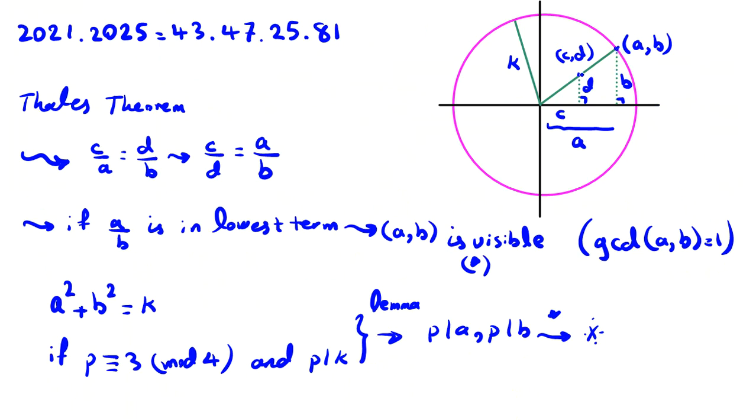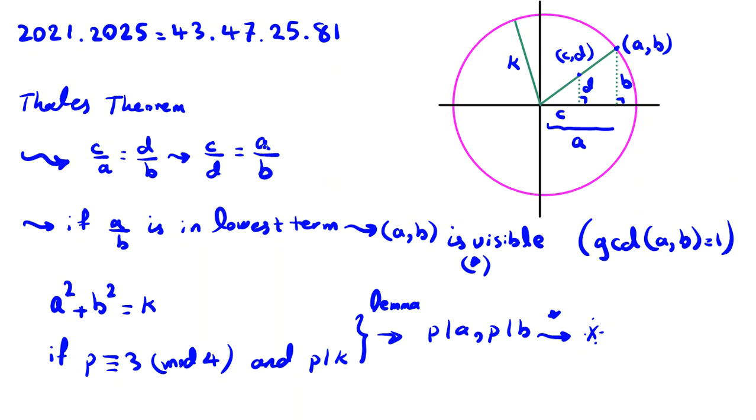If we have the point (a, b) and another point (c, d) on the segment, then by similar triangles, c over a equals d over b. So we can change it to c over d equals a over b. When we have a visible point, we shouldn't have any point inside this line segment.